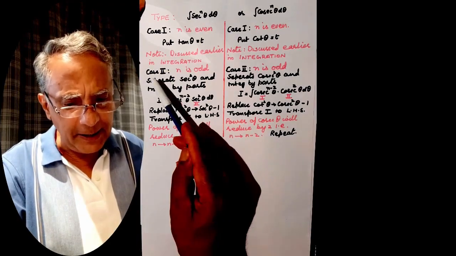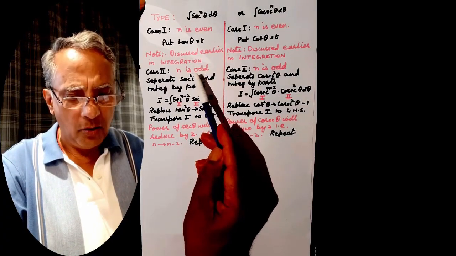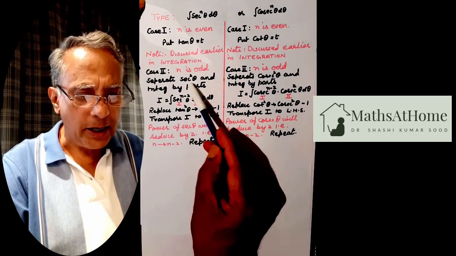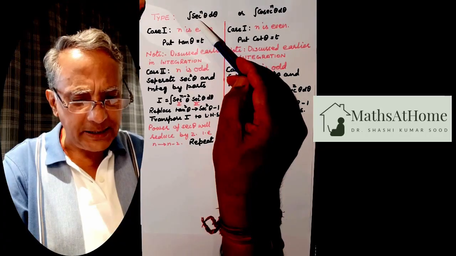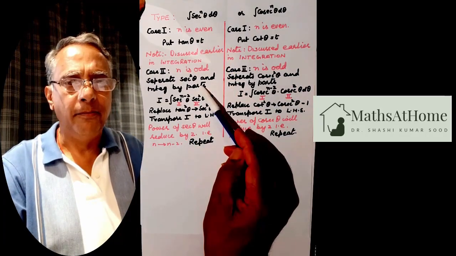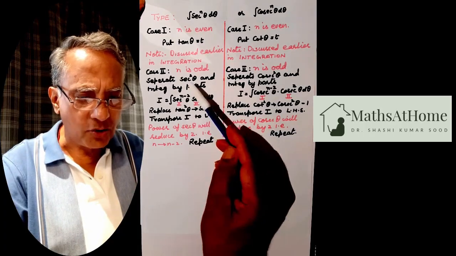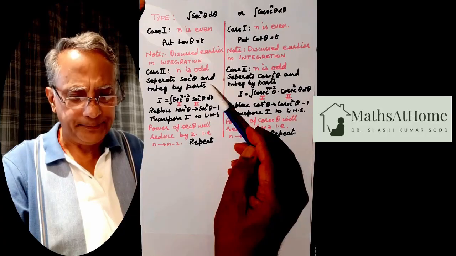Now the second part is case 2, when n is odd. When n is odd, we will separate secant square theta from this and integrate the result by parts.